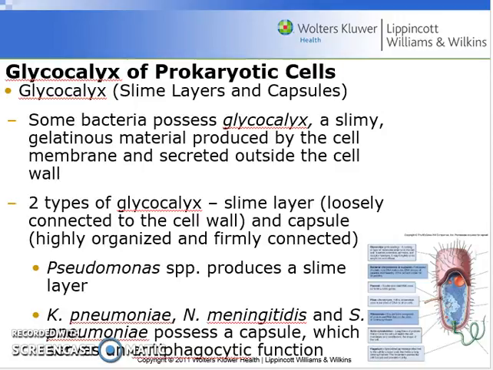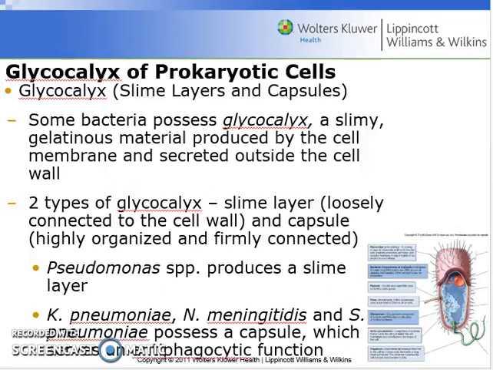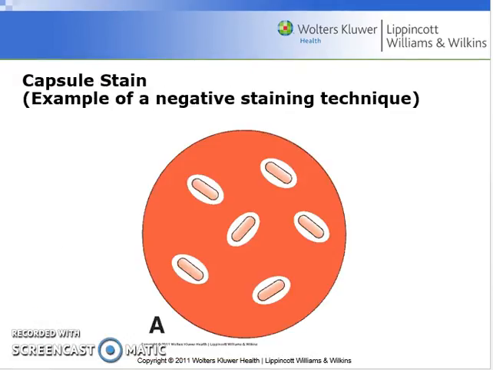So for us to be able to know if a bacterial organism expresses a capsule or a glycocalyx, we have to employ a new type of staining technique. The Gram stain technique is only going to be able to stain for peptidoglycan structures or a lack of. But if we want to figure out whether or not a glycocalyx is present, we have to do something called a capsule stain.